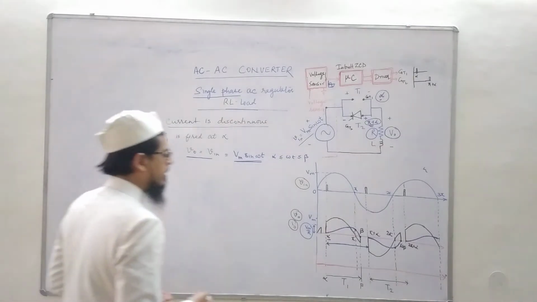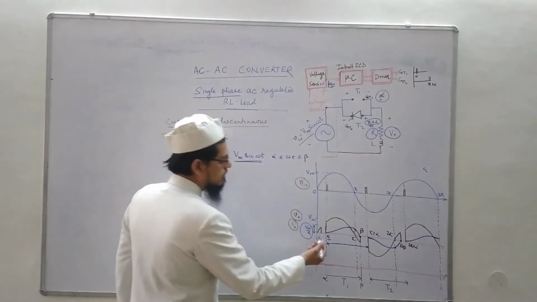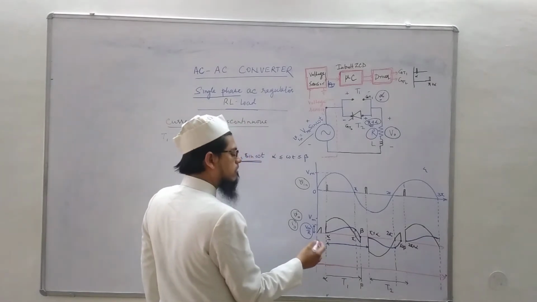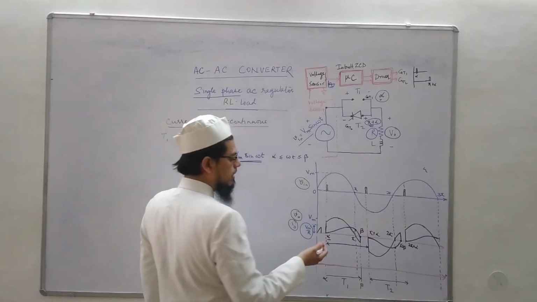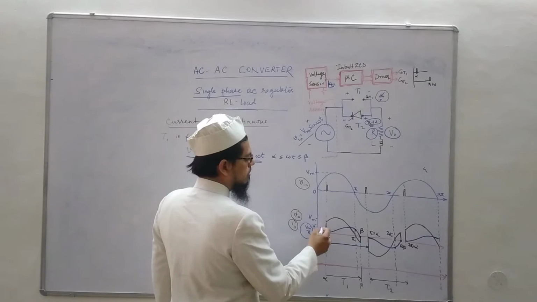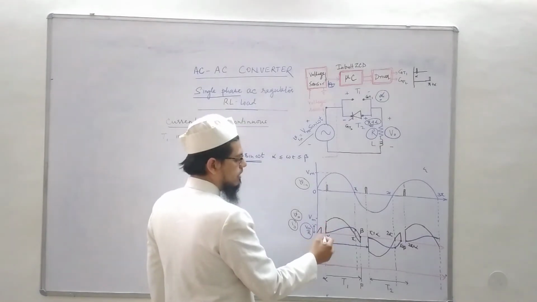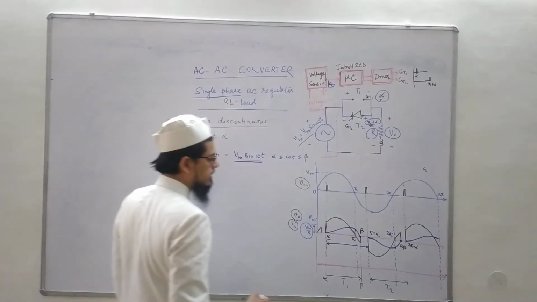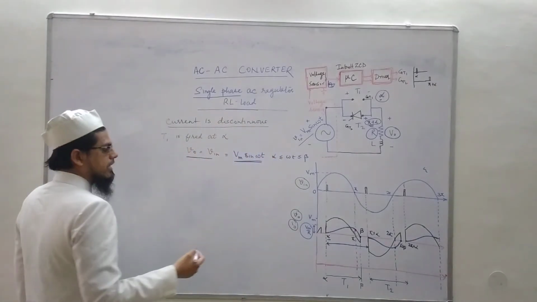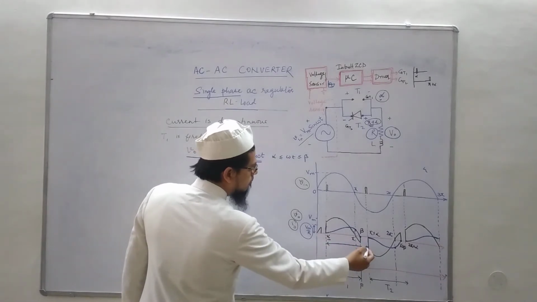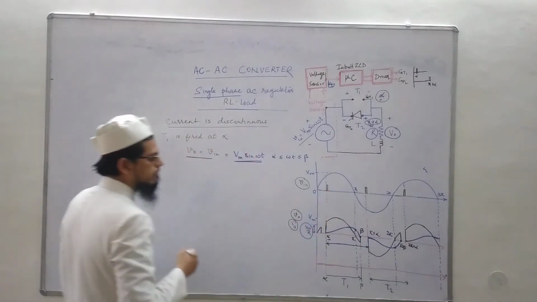Moreover, we are not taking from 0 to pi, because we could have taken it, no issue with that, but then we have to do integration in 2 steps. So that's why I am avoiding it. So I am taking the waveform from alpha to pi plus alpha.